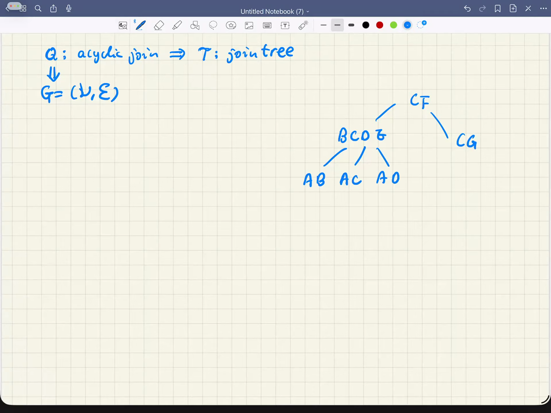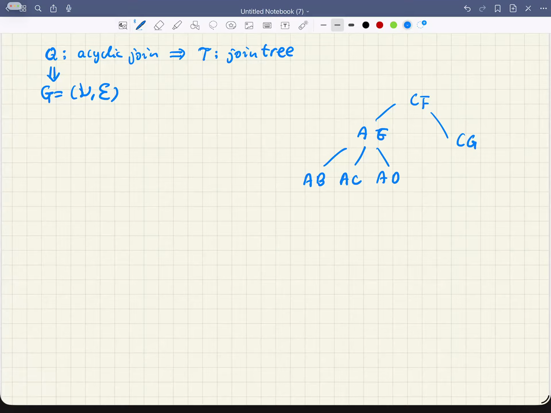Okay, so I was talking about the connectedness property. The connectedness property essentially says that if you focus on any particular attribute, actually I realize this is not correct. This is AE, and then yeah.